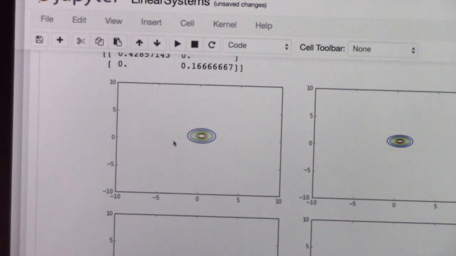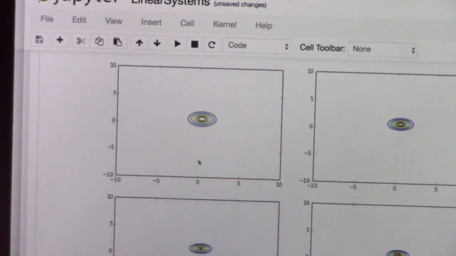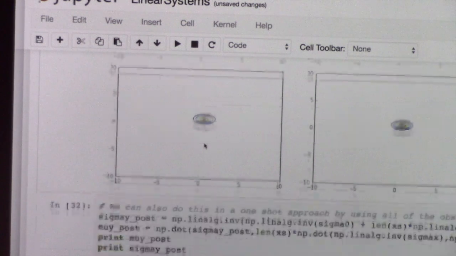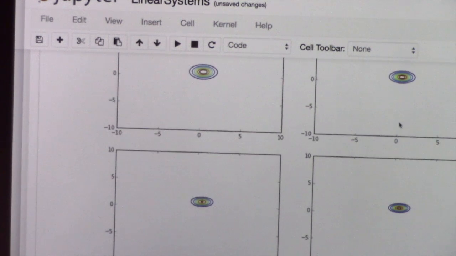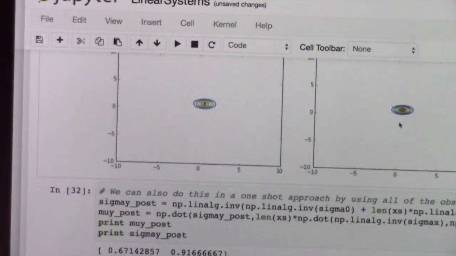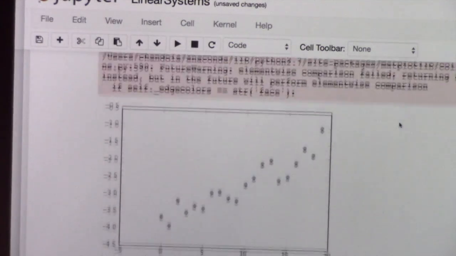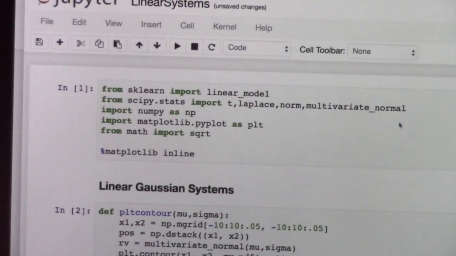You are computing the posterior. The distribution moves a little bit, and its covariance matrix has also changed. Then as more and more data comes in, your posterior keeps moving. So that's the idea.